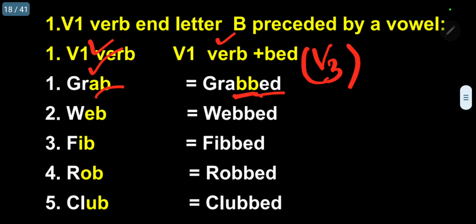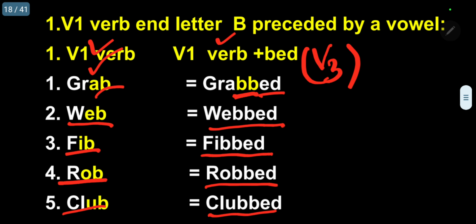Please follow. This is the common rule. Always, whatever the ending letter, that should be added plus ed. Web, webbed, double B. Fib, fibbed, double B. Rob, robbed, double B. Club, clubbed, double B. Here, you just see the wonder. Vowels A, E, I, O, U. I have selected verbs in such a way that all the vowels are coming here.